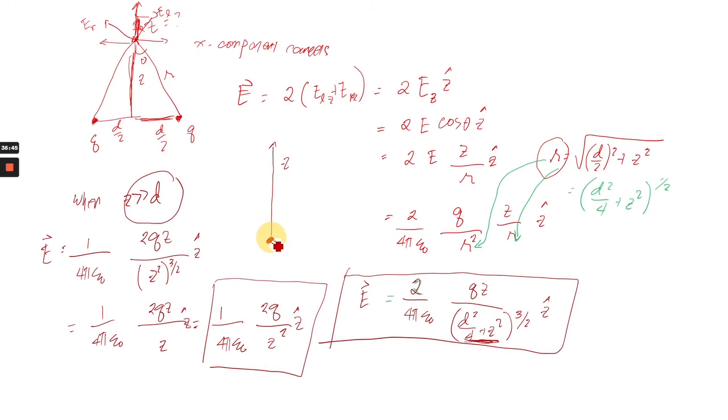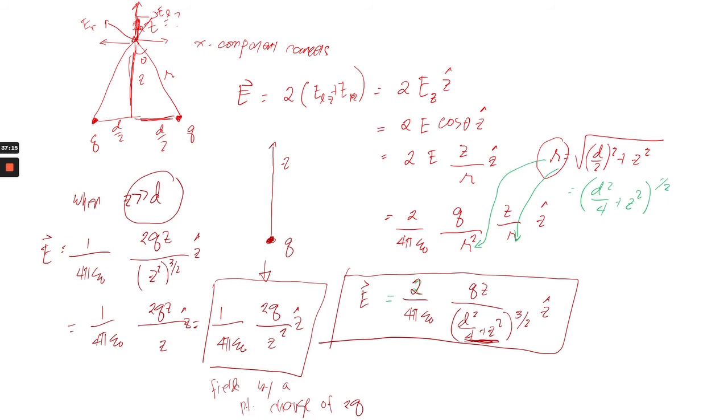It's like one point, but of course its charge is the combination of the two, so 2q. This is now the field by a point charge of 2q.